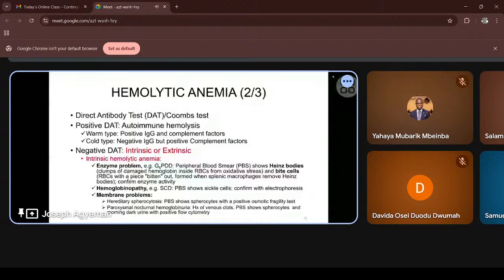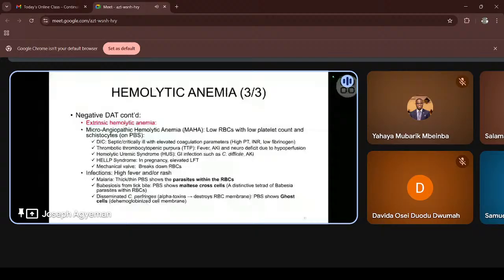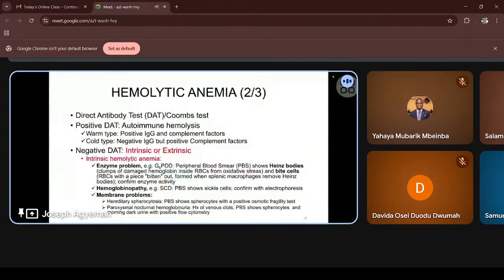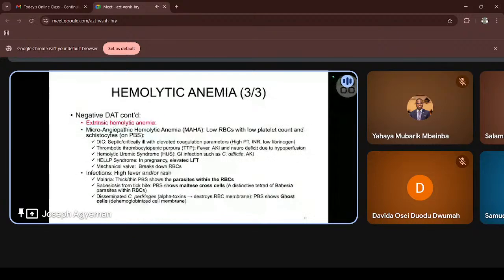Let's continue. As part of the non-autoimmune ones, we said we have intrinsic. Intrinsic means the problem is with the red cell itself. Then where the problem is not coming from the red cell, the red cell doesn't have any enzyme problem, we don't have any hemoglobinopathy, we don't have any membrane problem, and the Coombs test is negative, yet there is hemolysis, then we classify that possible cause as extrinsic hemolytic anemias.